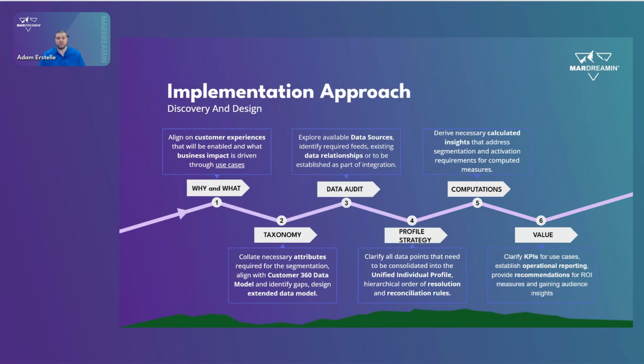What data do we need to drive the calculations to measure the value? You start working backwards from a design perspective. That'll help you build your blueprint and come up with the information that you need. And then you can actually start executing these steps in order to build all the things to accomplish that value.